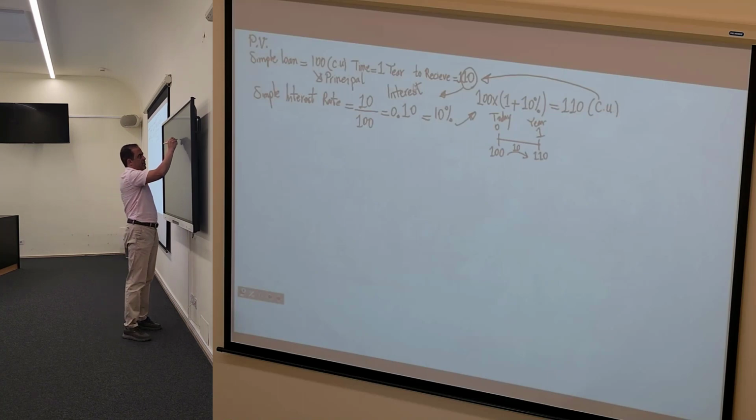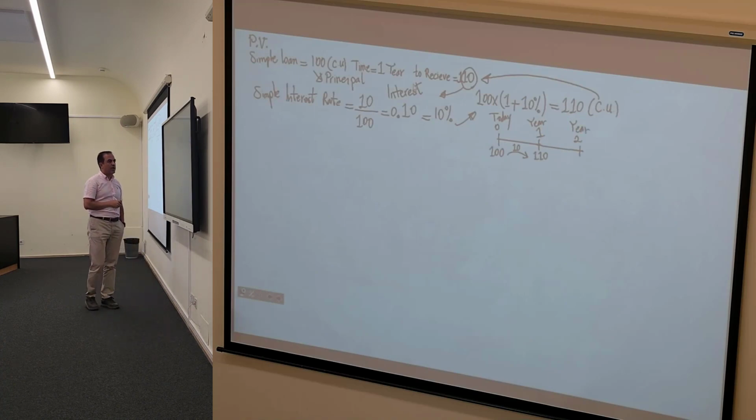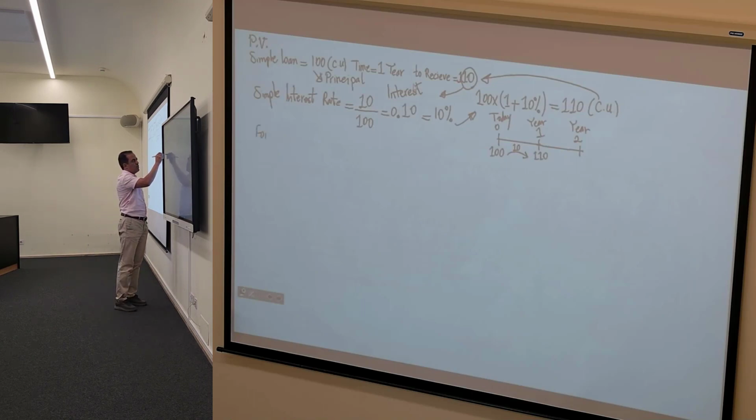So for the second year, if you want to continue, the amount that we might have would be what? For year 2, we will have 110 times 1 plus 0.1, or this 10% that we had here.